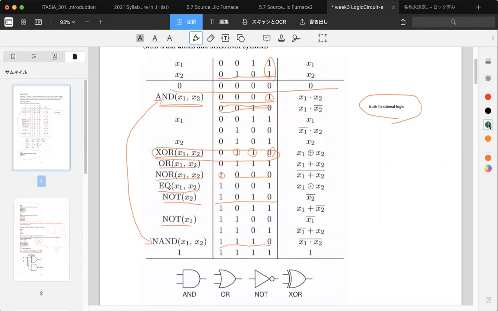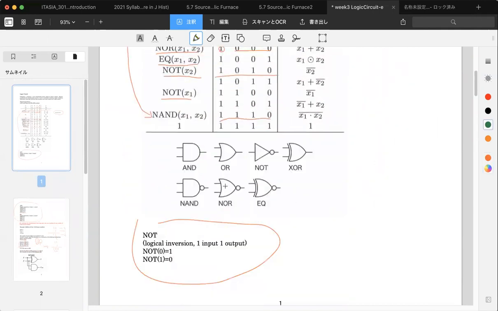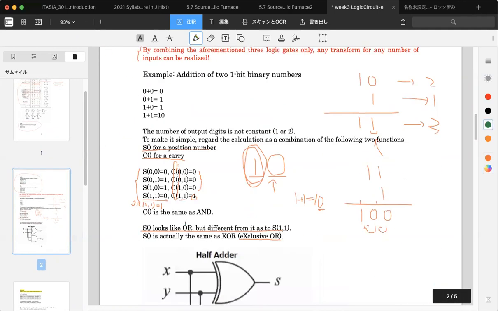Let me choose another color. So sorry, let me just go over it again. If we understand it as XOR, we can see that if it's 0 0, we get 0, because XOR means that one of X1, X2 is true, but they can't be true at the same time.